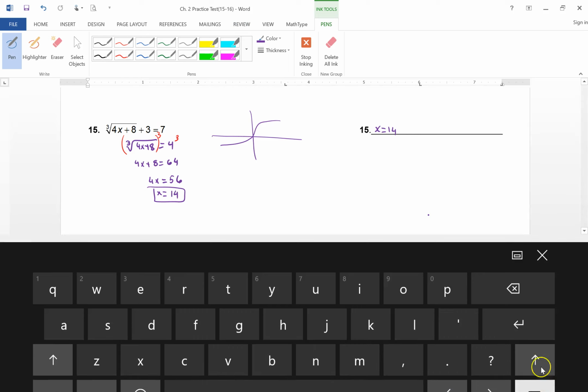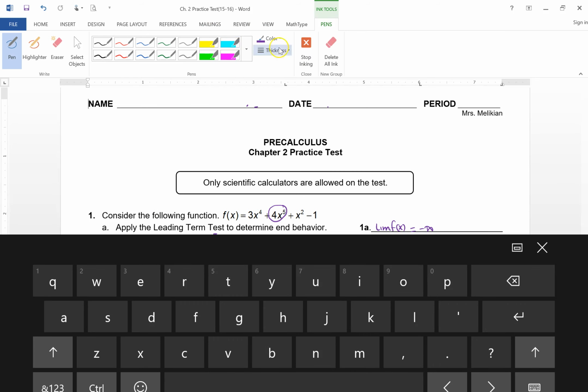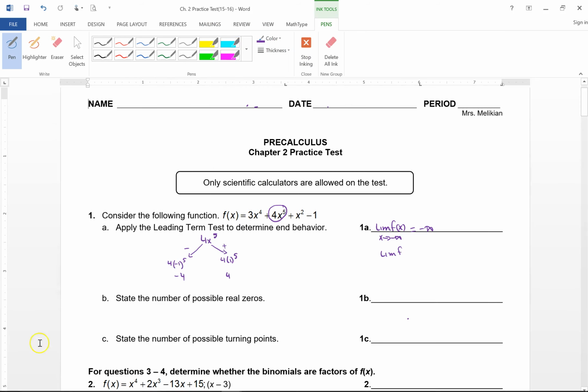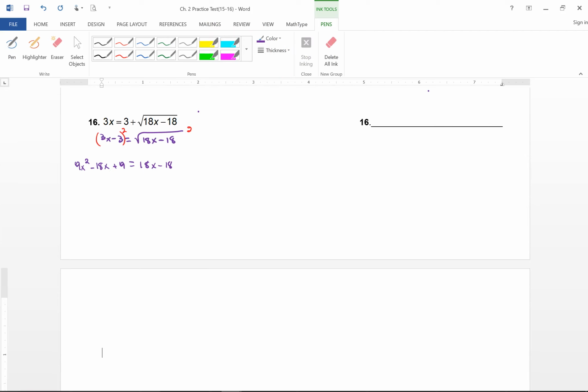All right, so when we move the 18x over to the other side, and the same with the 18, we get 9x squared minus 36x minus 27 plus 27 equals 0. And now what?